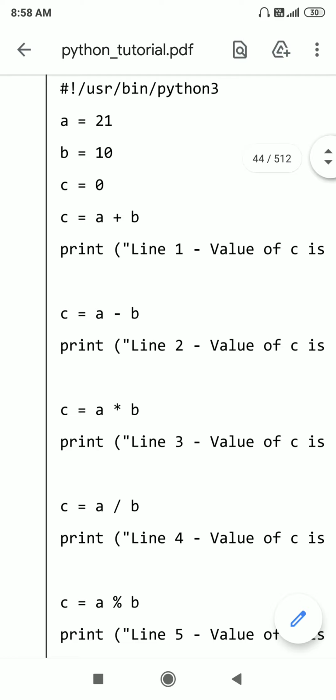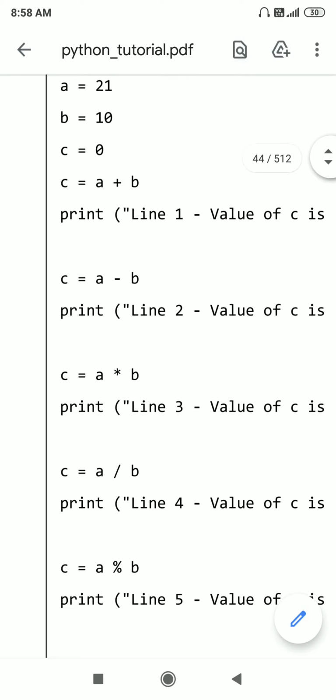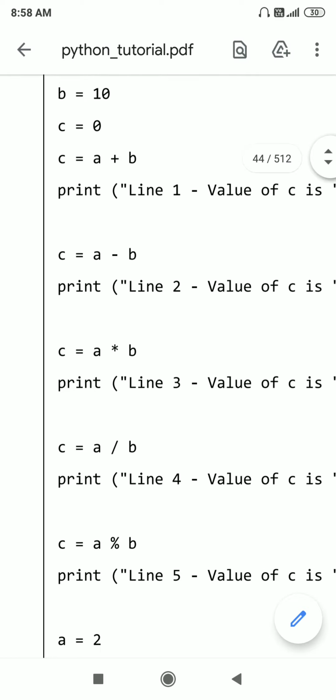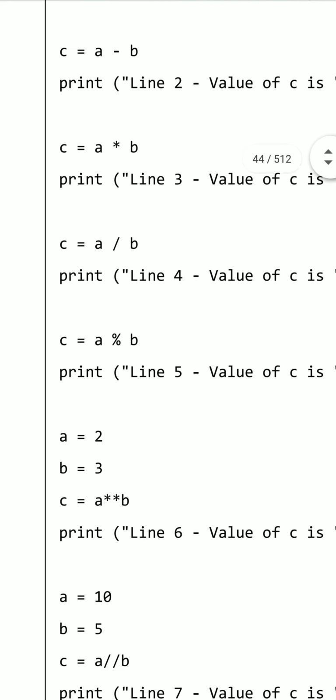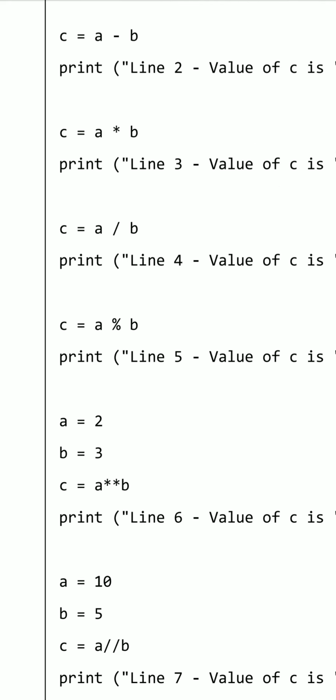Next, subtraction is performed on a and b, the result is stored in c, and c is printed on the output screen. Next, multiplication is performed between a and b, the result is stored in c, and the output is displayed on the output screen. And next, division is performed on the operands a and b, and the result is stored in c.